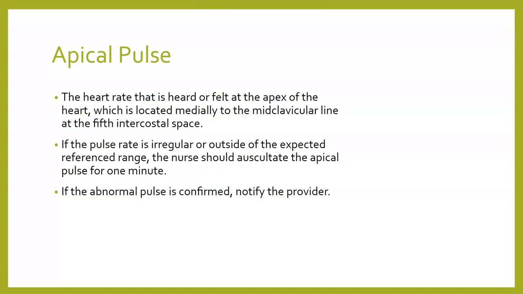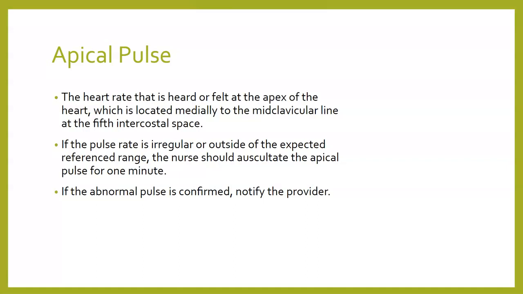Okay, so apical pulse. So this is the heart rate that is heard or felt at the apex of the heart. So you will use your stethoscope for this. You can palpate it, but ideally to measure the apical pulse, you are listening to it. So it's located medially to the midclavicular line at the fifth intercostal space. We'll be looking at a picture of that.